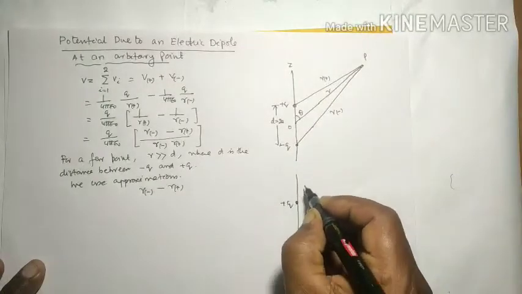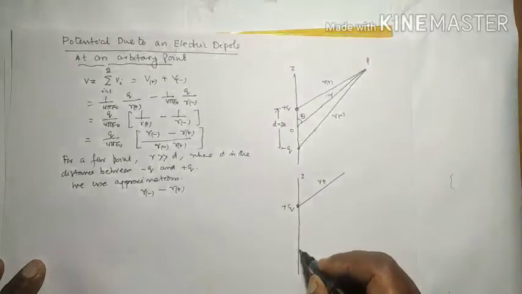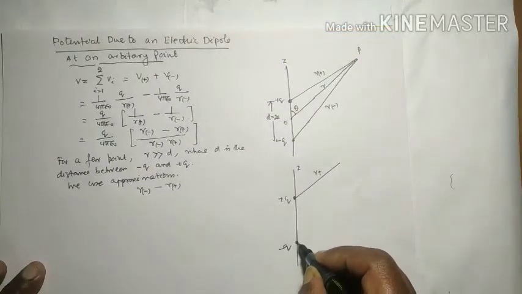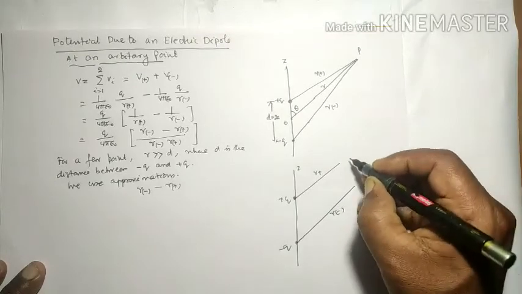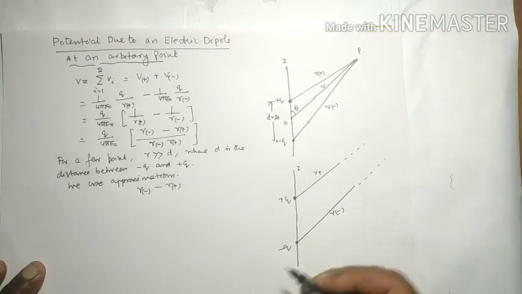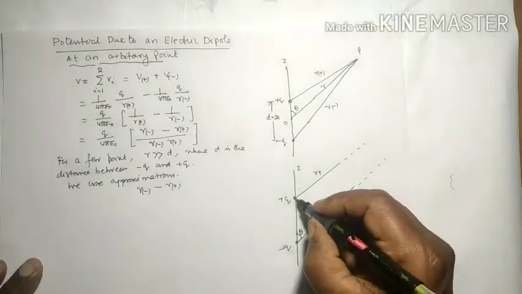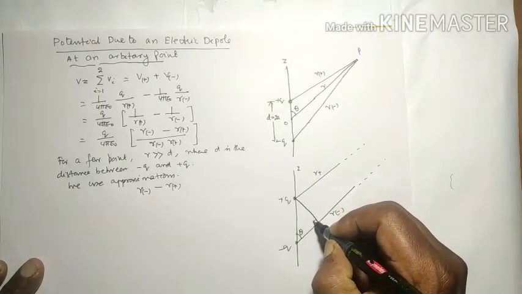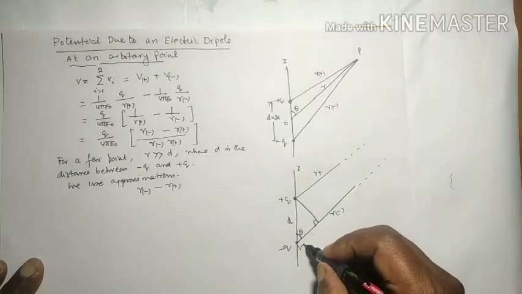So this is plus q, this is the z-axis, and this is r plus for a far point, and this is minus q, and this is r minus for a far point P. These two are nearly parallel, and this angle must be theta. We draw the normal here. This is d, this angle is theta, so this must be d cos theta.